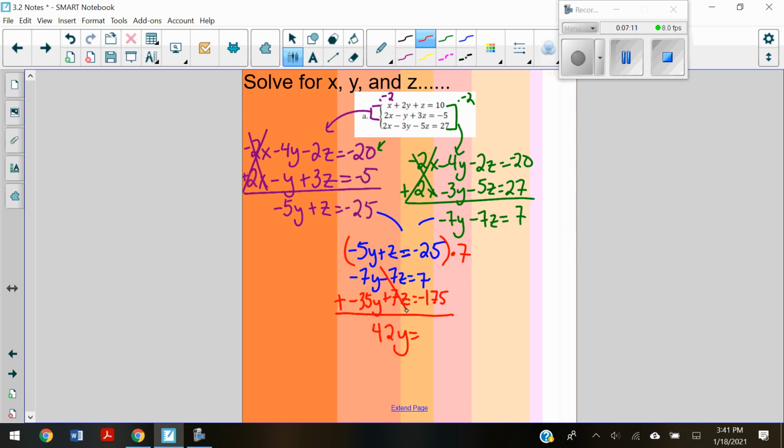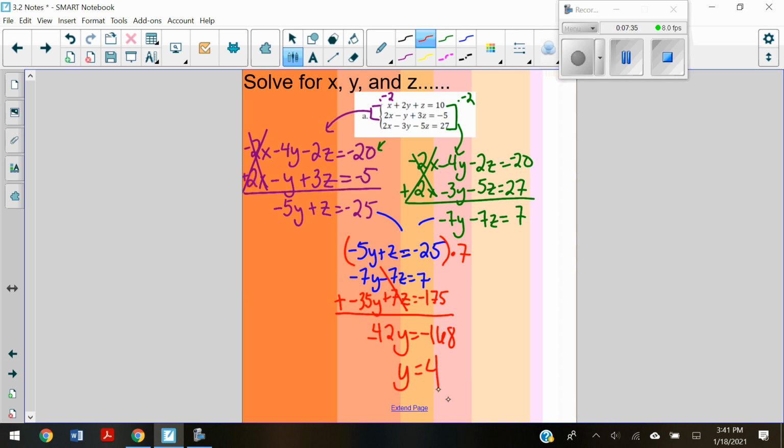So equals, now I have negative 175 plus 7, and I get negative 168. All right, to get y by itself, you're going to divide negative 168 by negative 42. And we get y equals 4.